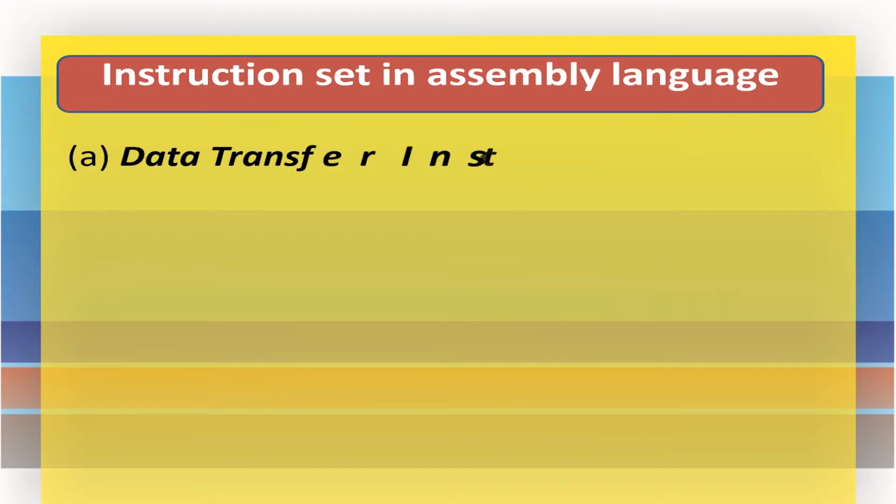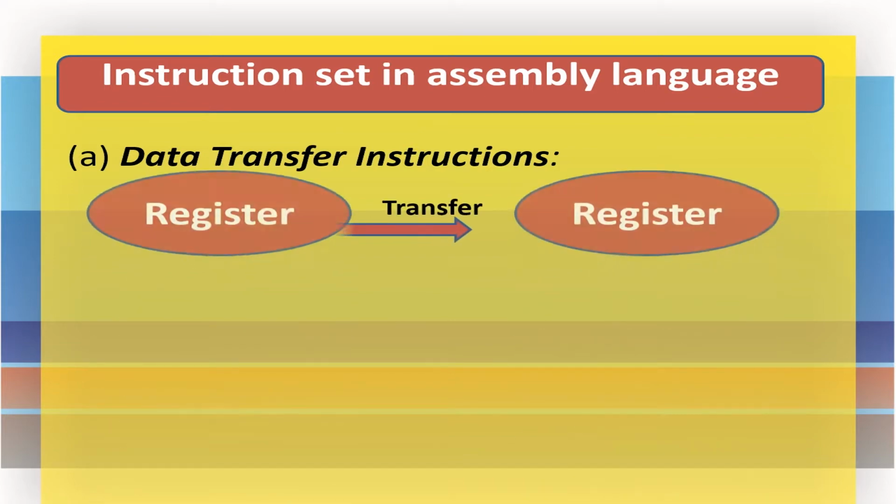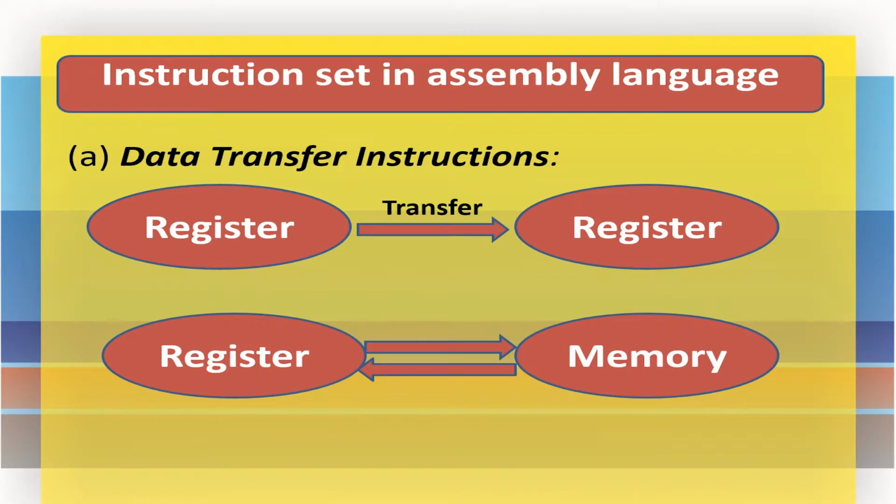A. Data transfer instructions. To transfer data from one position to another, that is, data transfer from register to register, register to memory, memory to register.